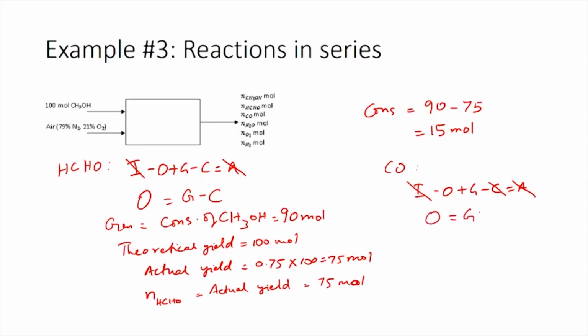So, based on the stoichiometry, we know that generation of carbon monoxide will be equal to the consumption of formaldehyde in reaction 2. So, generation here would be equal to consumption of formaldehyde, thereby the generation term is 15 moles. So, the output for carbon monoxide N_CO would be equal to 15 moles.